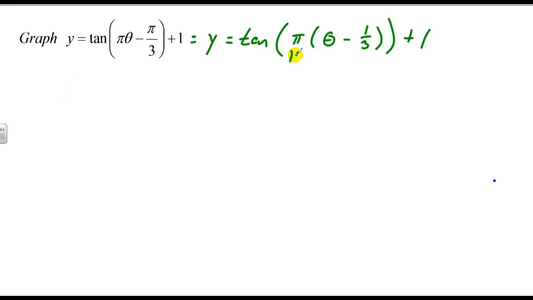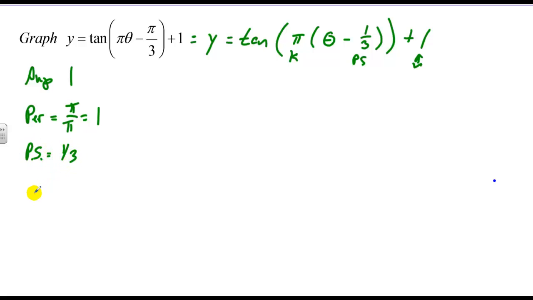So once again, k, phase shift, up, down, amplitude 1, period is equal to pi over k, which is 1, phase shift is equal to 1/3. Intervals are a half, and vertical is 1.